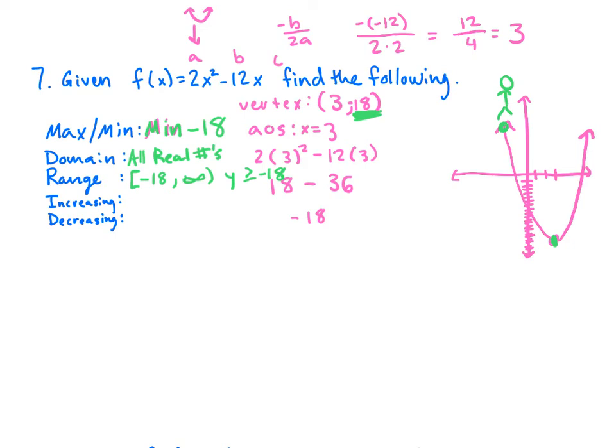So this is to the left side of our vertex, so we would be decreasing left of 3. So again, we look at our x value in our vertex, and then the right side of 3, what are we doing? Increasing. So we are increasing to the right side of 3.